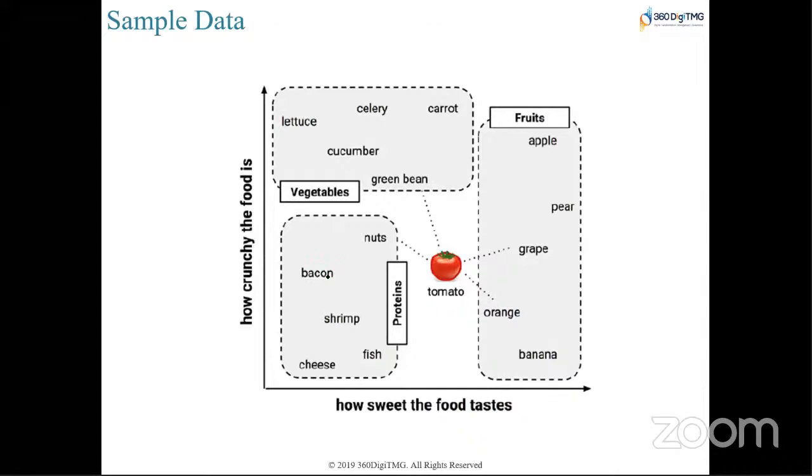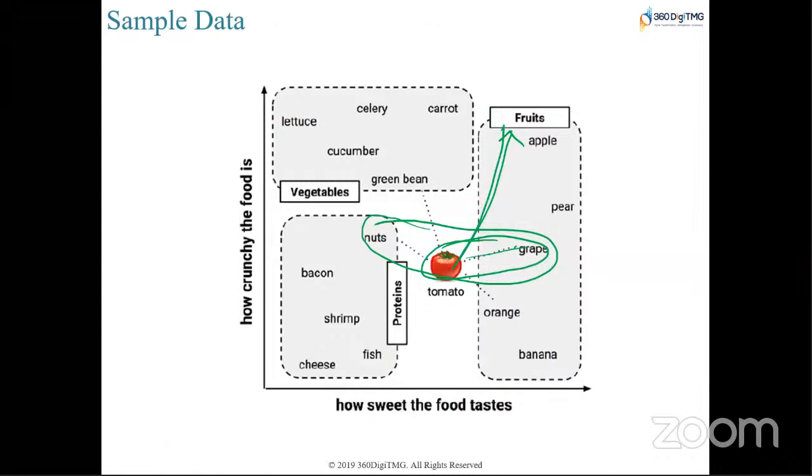It is closest to, I think, the grape. So tomato is a fruit. If you go by the two nearest neighbor, I think these two are the closest. Now, once again, you have one protein, one fruit, but grape is closest. So again, it is fruit.